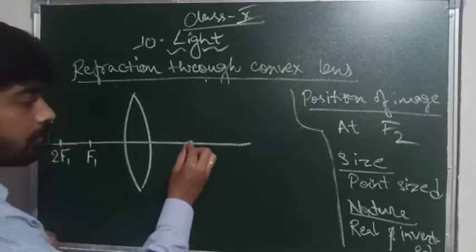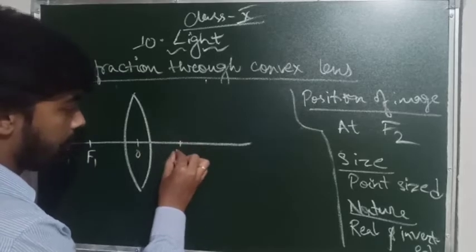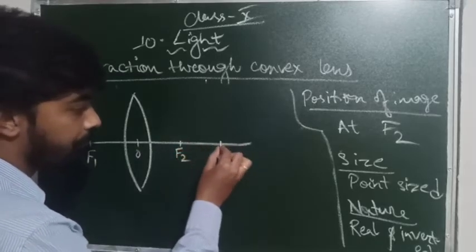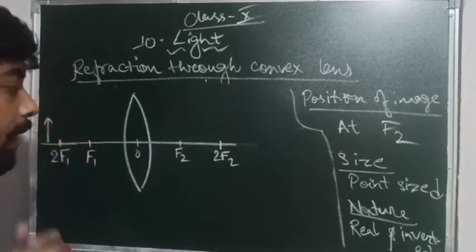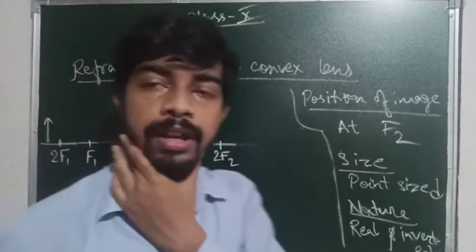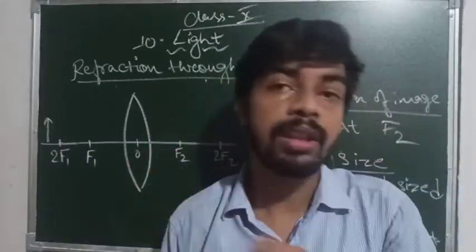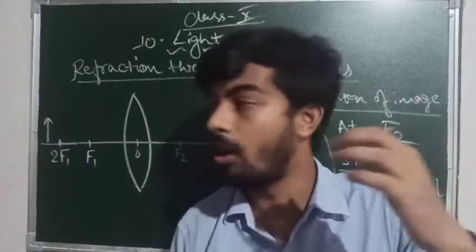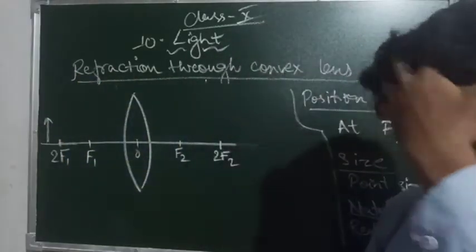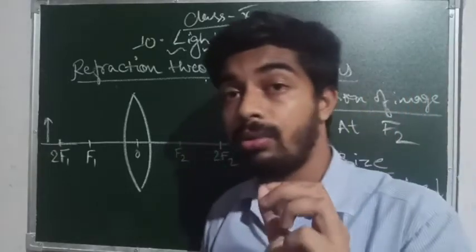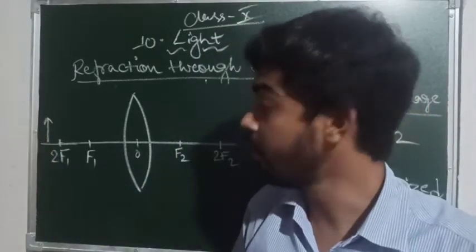Then here is our optical center, f2 to f2. Now you might remember that we have been drawing the ray diagrams for the mirror, and at the first position the object is at infinity. Secondly, the object comes little bit closer, means beyond 2f, and in this case we need to take two rays coming from the tip of the object.